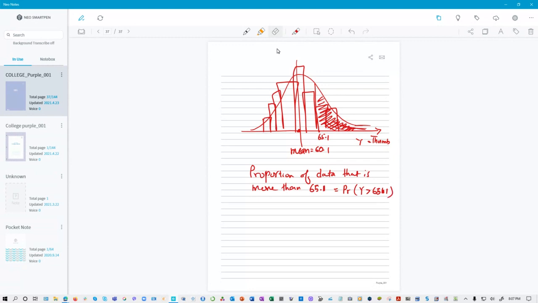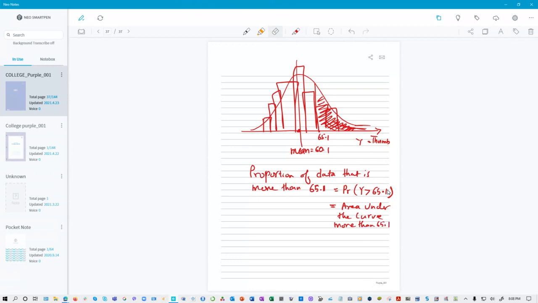Mathematically you can write it like that. PR stands for probability or proportion, same thing. Proportion or probability. It's the area under the curve more than 65.1.